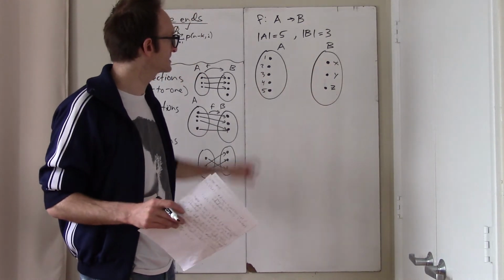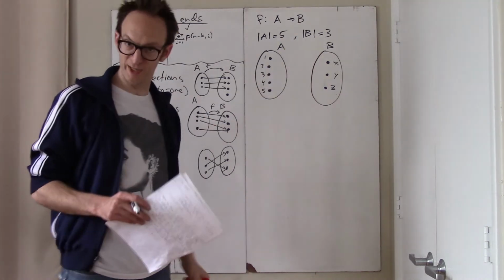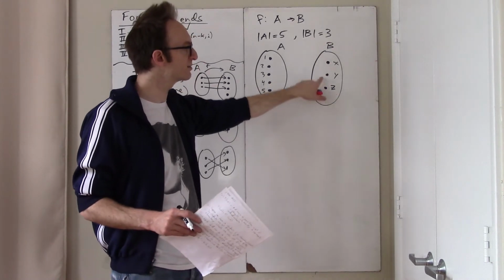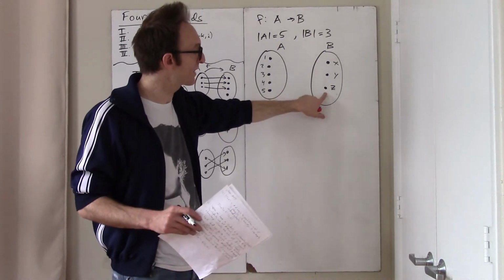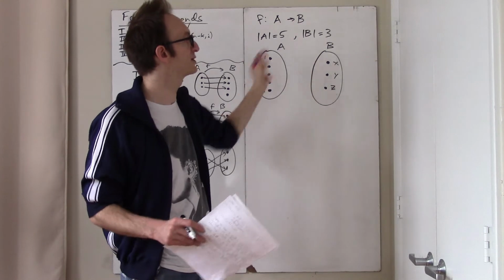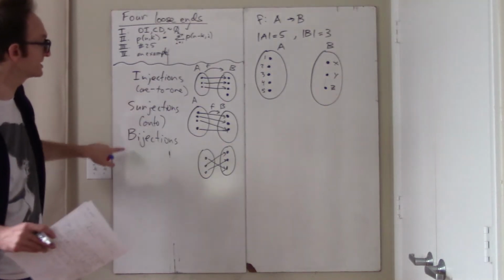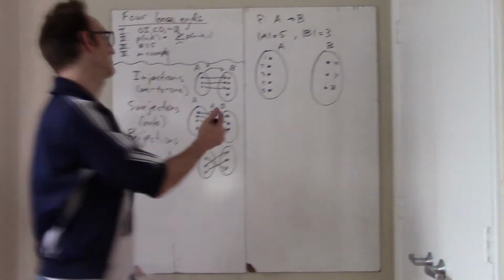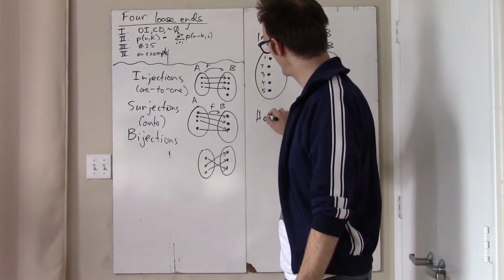Since there are 5 things in the domain, by the pigeonhole principle, if there are 5 pigeons flying to 3 holes, then there must be at least 1 object in the codomain for which multiple objects in the domain point to it. So there are no injections, and since a bijection has to be an injection and a surjection, there are no bijections either.